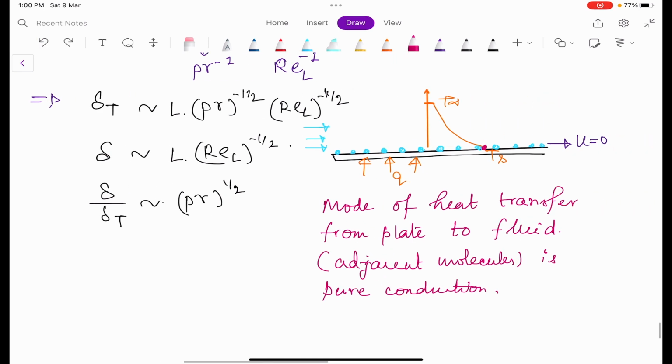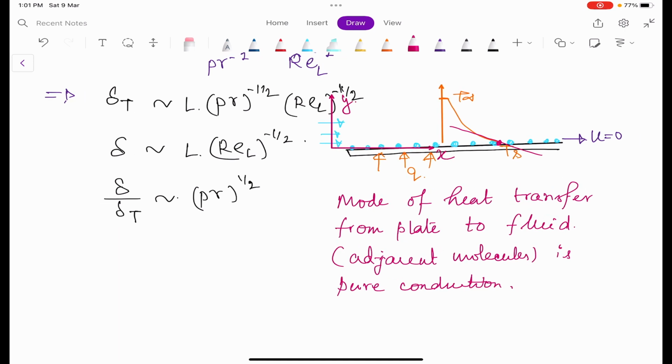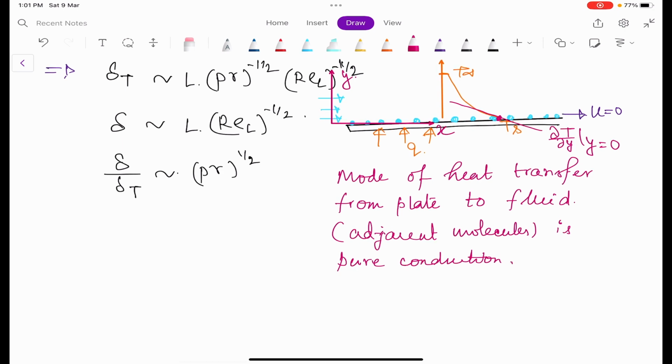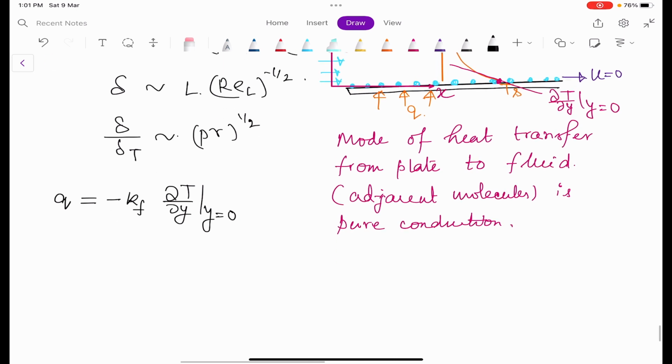If this is x and this is y, then at y equal to 0 my slope of the temperature profile is dT/dy, and conduction is given by Fourier's law. So I can write that this q is equal to minus k of fluid del T by del y at y equal to 0, right.